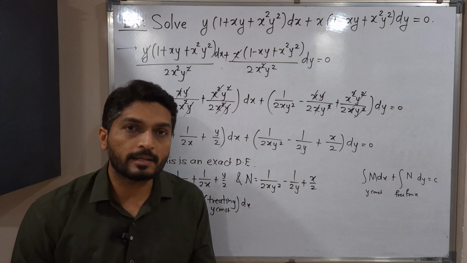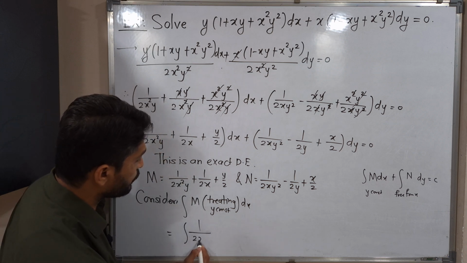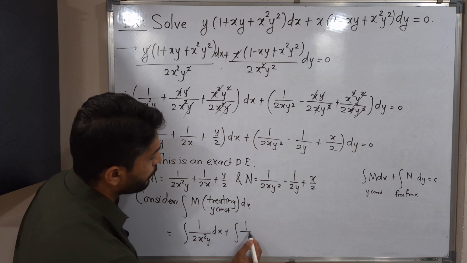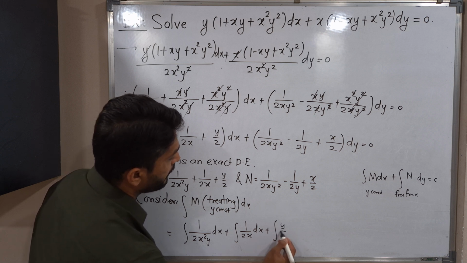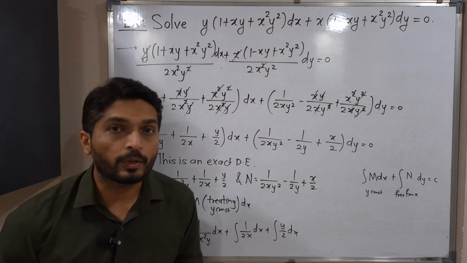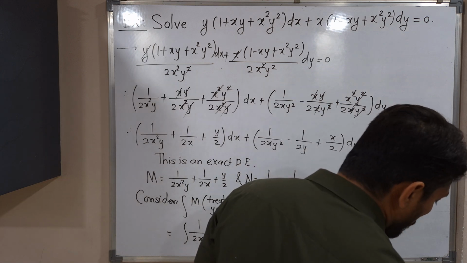So that's why we can take separate integrations. So let me write directly 1 upon 2x square y dx, 1 upon 2x dx plus y by 2 dx. Okay. After that, what will I do? Whatever the constants, I will take them outside. Okay. So will you tell me what will be the constants here?